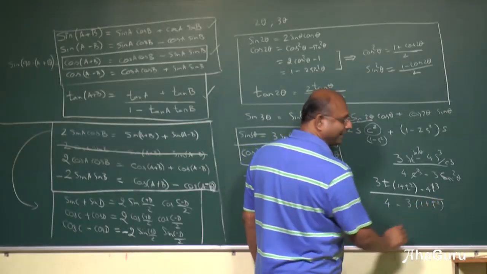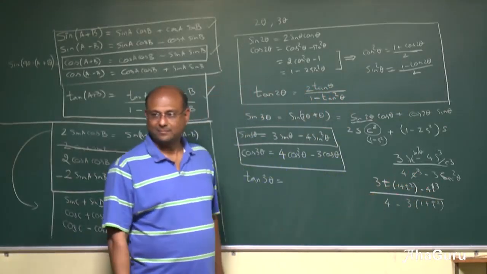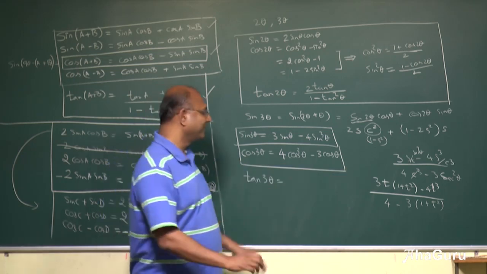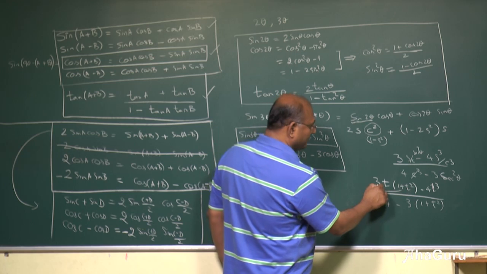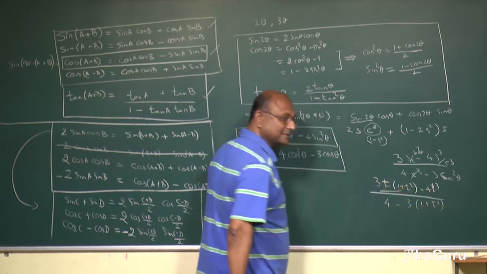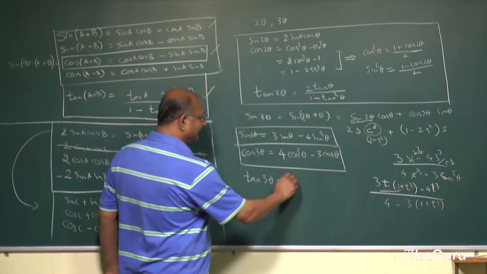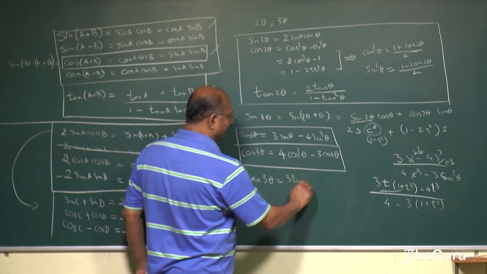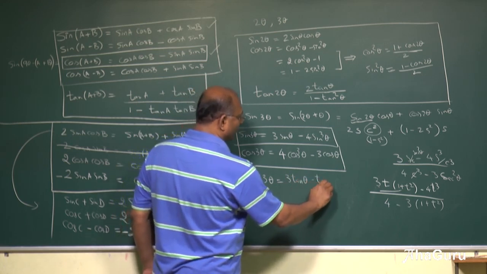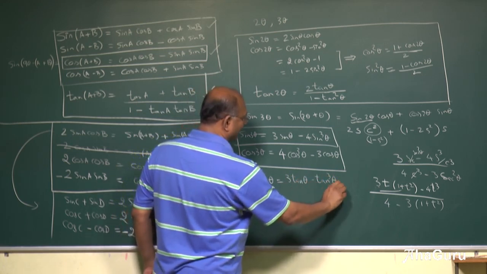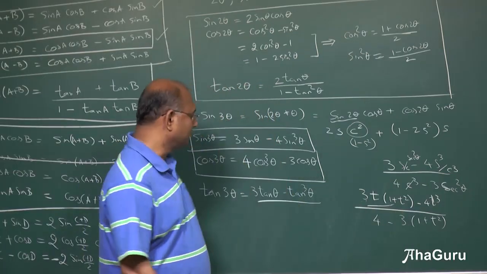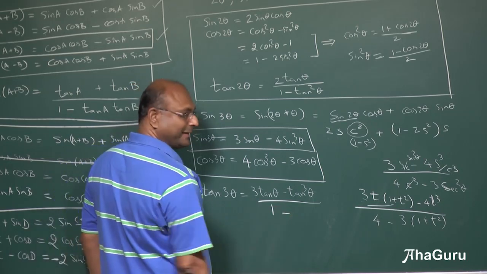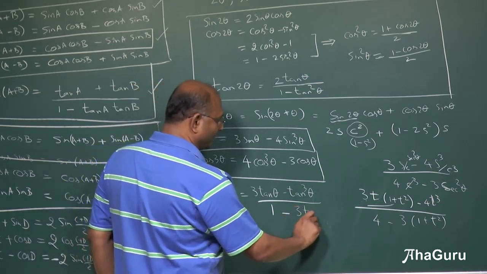I'm just writing t as tan, being lazy. So 3t plus 3t cube minus 4t cube, which is just minus t cube. So 3 tan theta minus tan cube theta by 4 minus 3, 1, 1 minus 3 tan square theta.